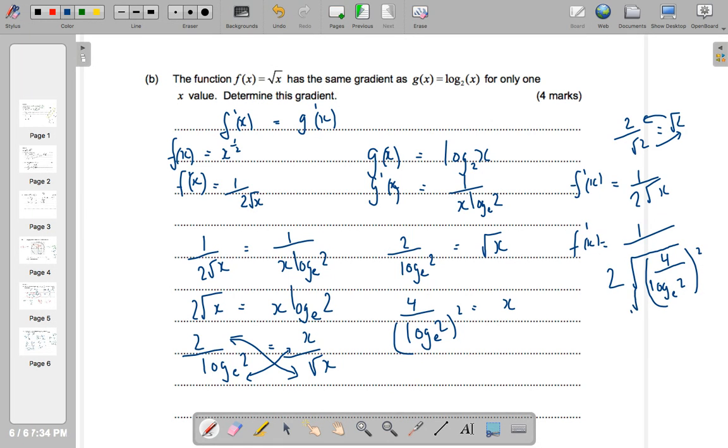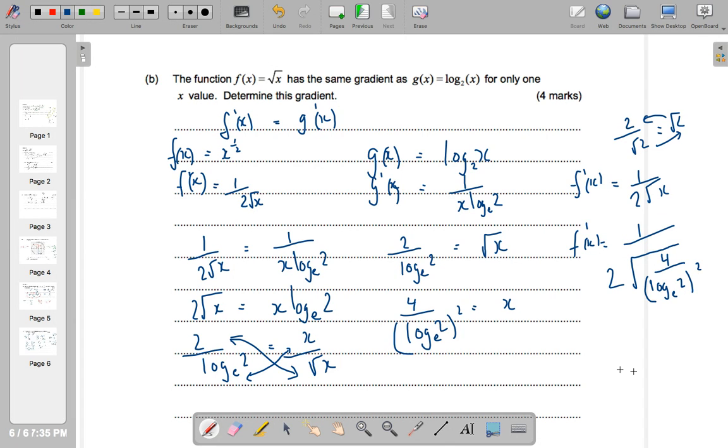Now, obviously, if we're square rooting that situation there, sorry, beg your pardon, I'm not squaring the 4, am I? Let's just go back a step. I'm only squaring the denominator, which is there.